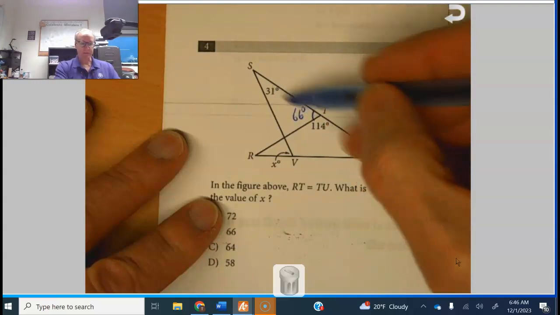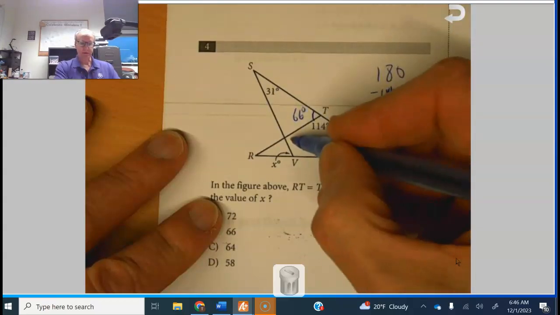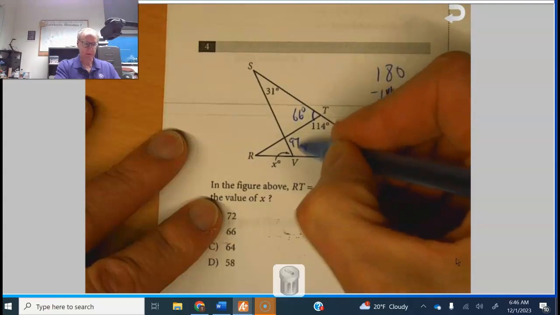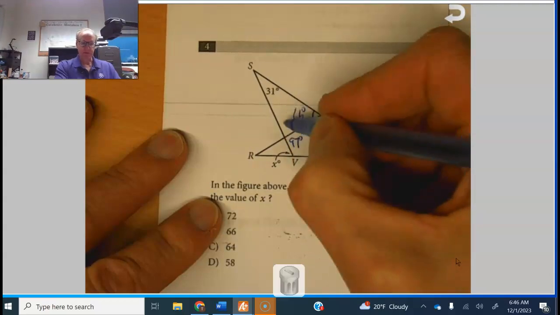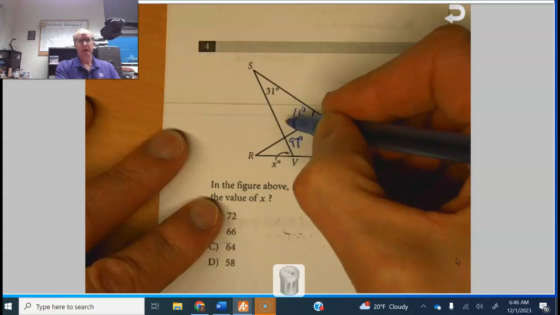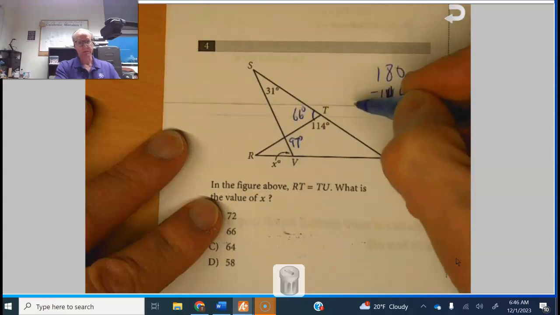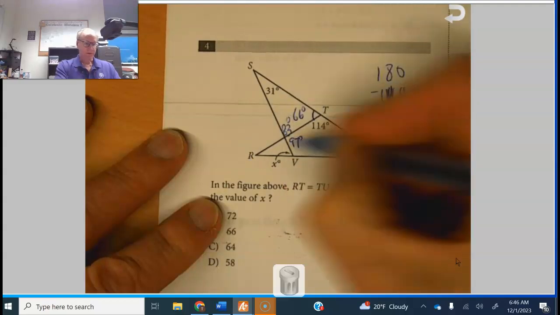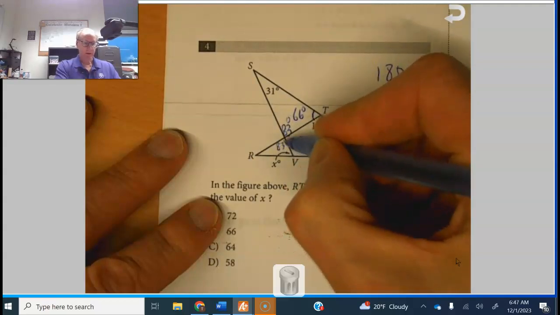Notice that adding these two will give you this exterior angle, which is 97. Or you can add them together and subtract from 180. Looks like we're looking at 83 for this one, and this one makes 83.